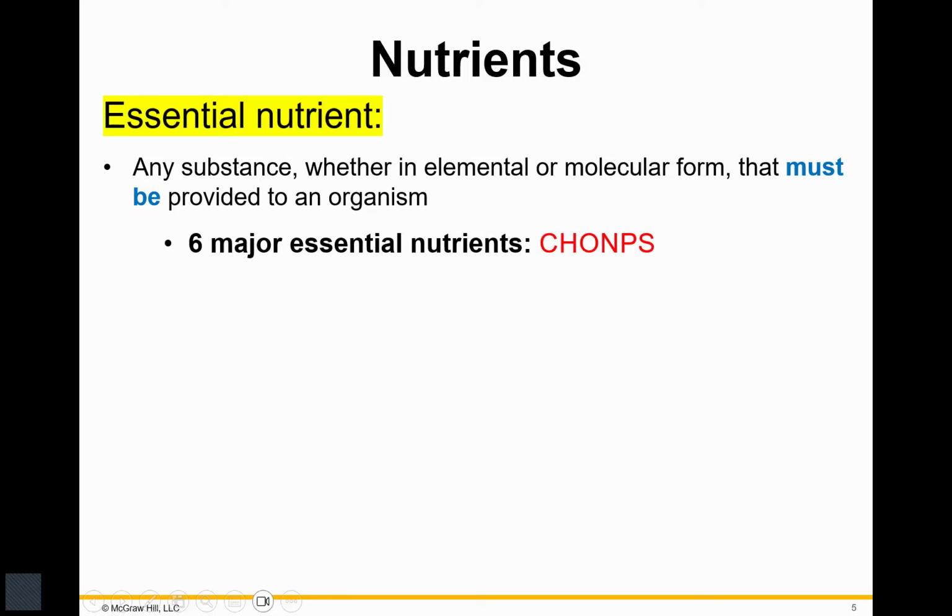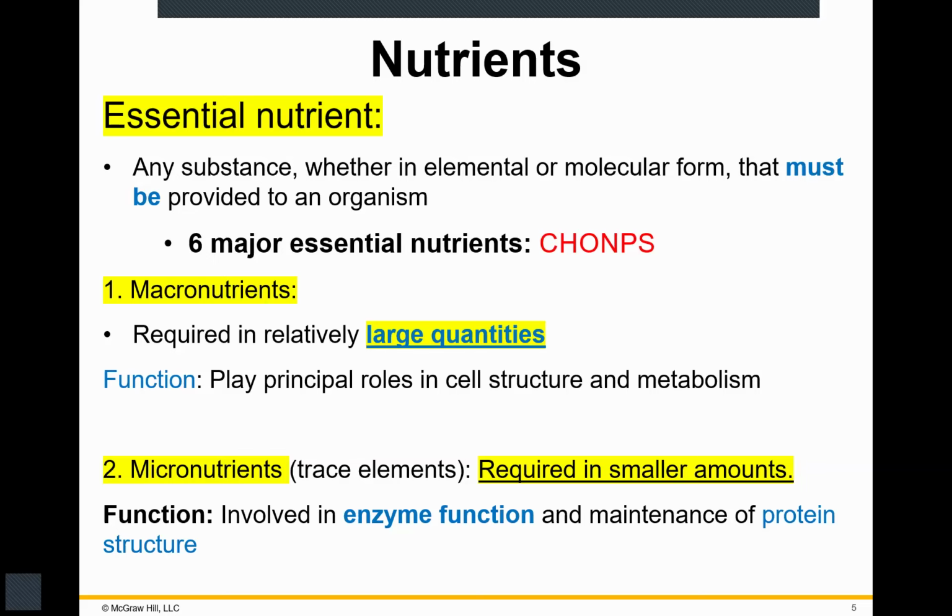The essential nutrients can be categorized into 2: macronutrients, which are needed in large quantities, and micronutrients, also called trace elements, which are required in smaller quantities. Macronutrients include the CHNOPS.